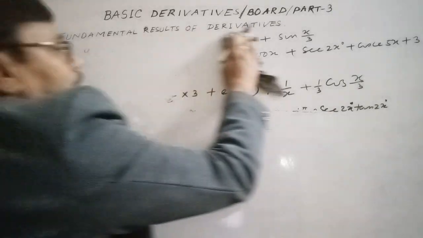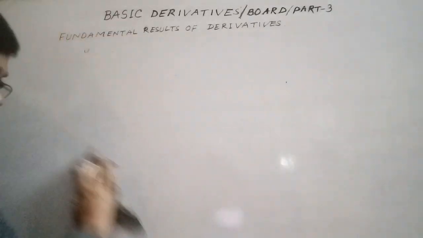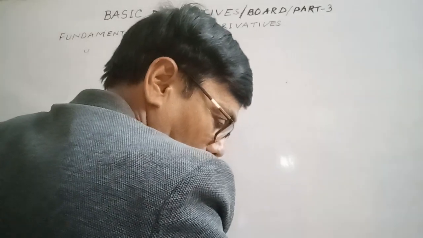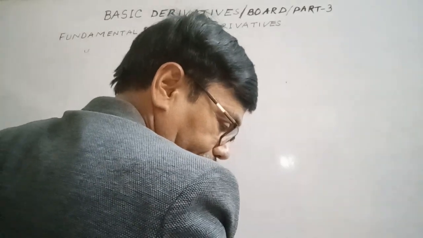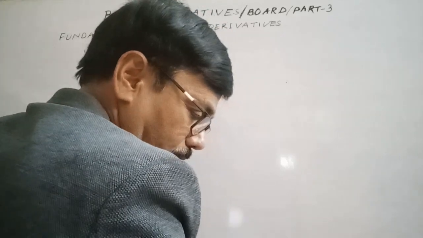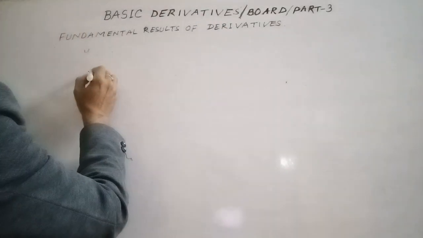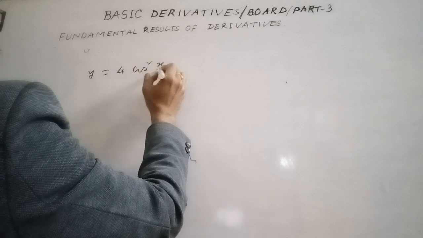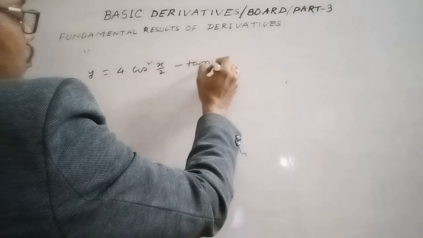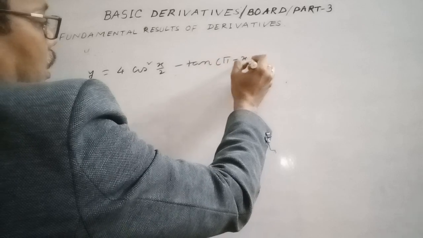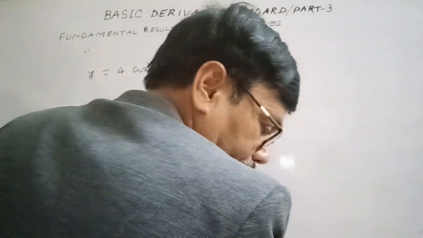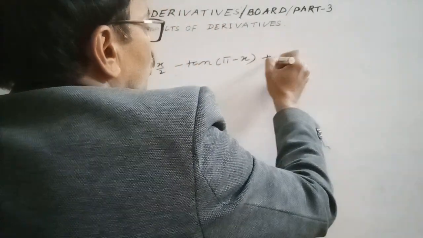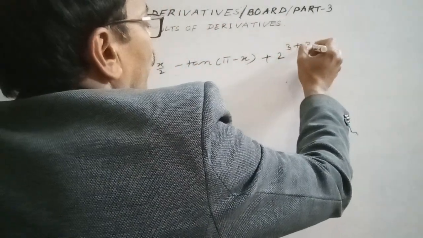Now this one, y equals 4 cos square x by 2 minus tan pi minus x plus 2 to the power 3 plus x.